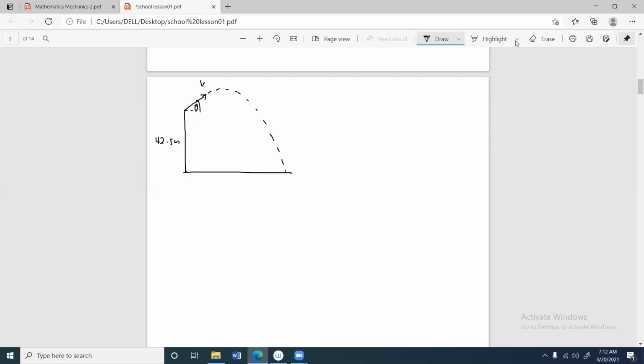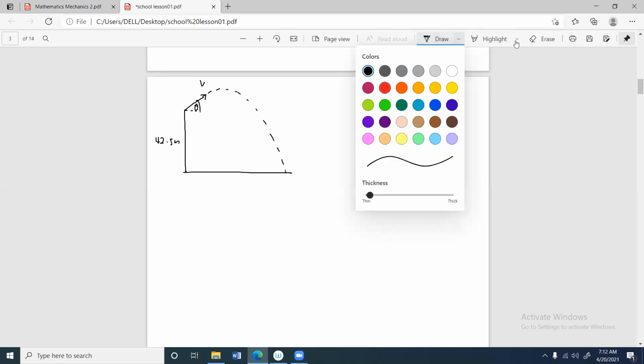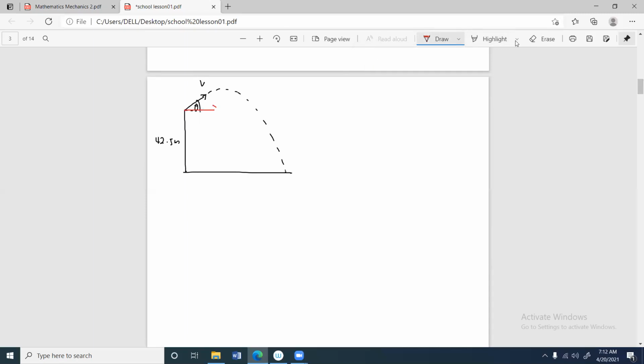Initially, you can make two components, V cos theta and V sine theta. In this question, tan theta is, one second, it's 4/3. That means it's just like this. If I apply the Pythagoras theorem, the hypotenuse is 5. So sine theta is 4/5 and cos theta is 3/5.